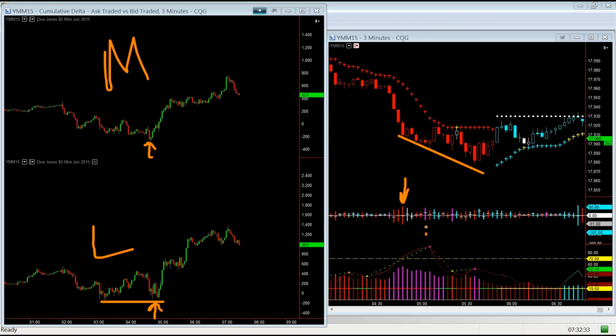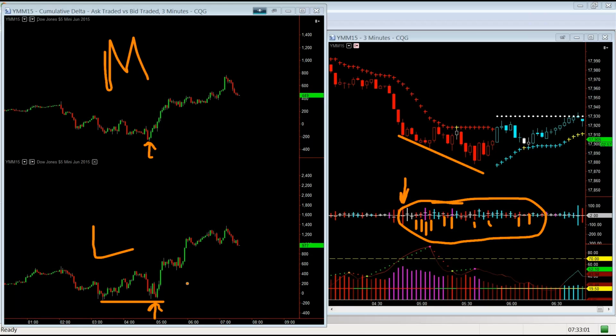We show they started buying here, here, here, and here, okay? So we knew they were buying during this entire period. Same thing the cumulative delta showed. Okay? The difference is whether you understand it.